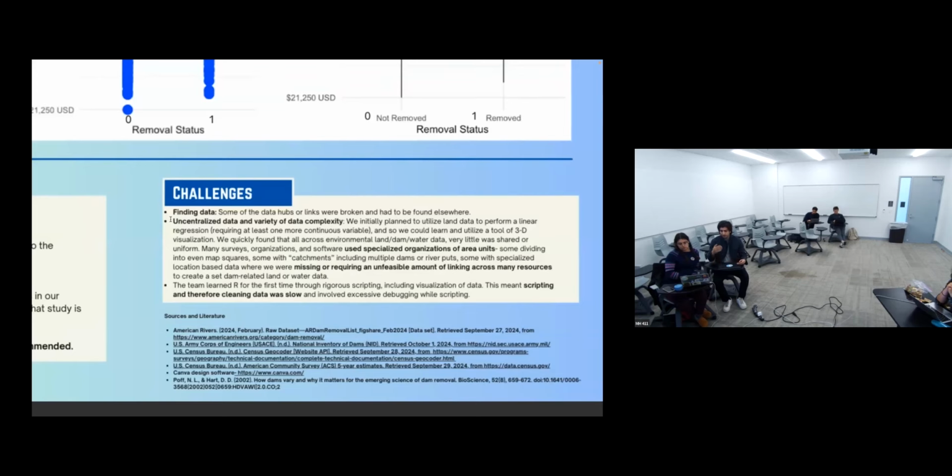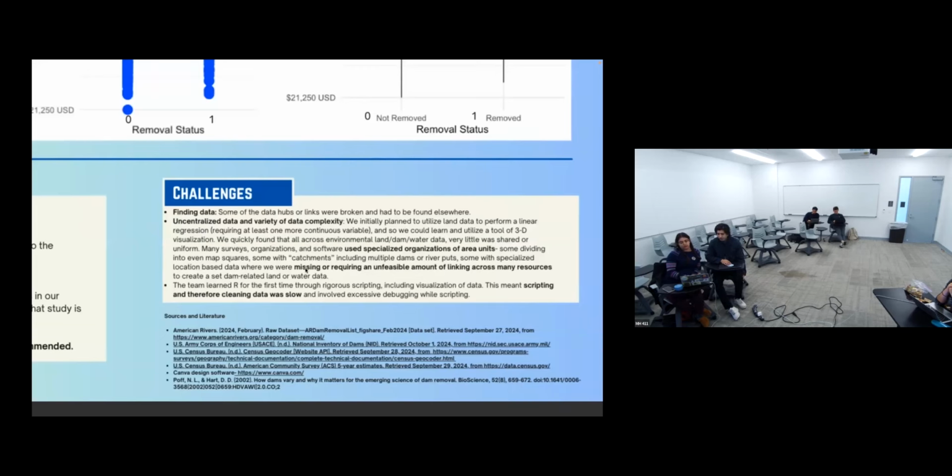For example, what I wanted to do was, if you did remove a dam, what would happen to the water flow? But it ended up being really complicated, and I decided it was going to take too long. We should just focus on finding some data that is usable. And so unfortunately we weren't able to use that one, but that continued throughout looking for data.